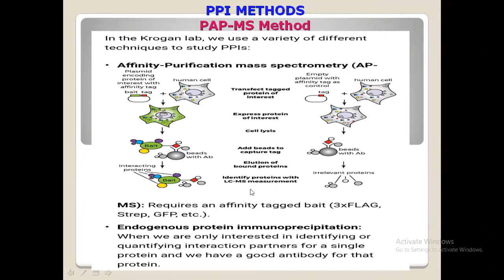They are not needed for your analysis, so you just discard them. Only the control with the tag protein will be there. So compare the LC-MS measurement of both, without the protein and with the protein. This is how affinity purification mass spectrometry is used in the Krogan lab for analyzing protein-protein interactions.